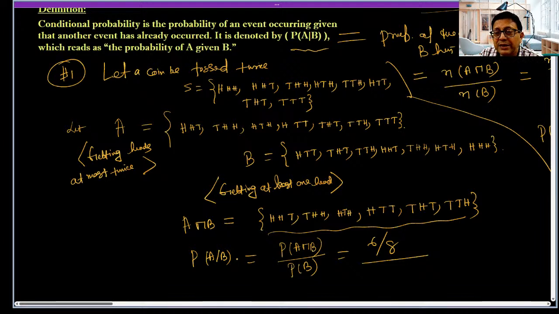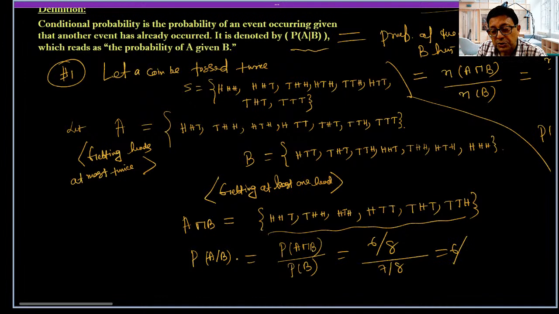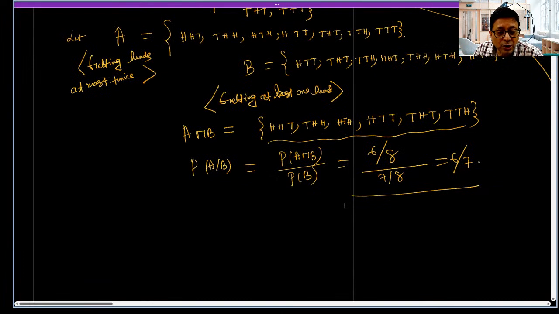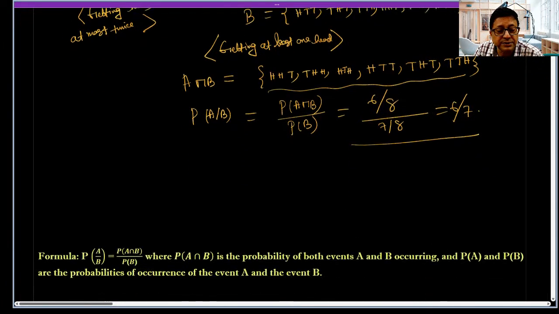And P(B), how many cases? 7 cases. So this is going to be 6 by 7. This is the probability of getting heads at most twice, given we are getting head at least once. Okay, is that clear? If it is not clear, let us take more examples based on it.